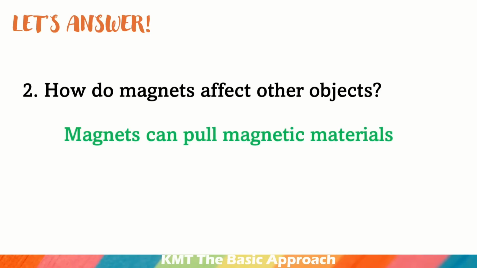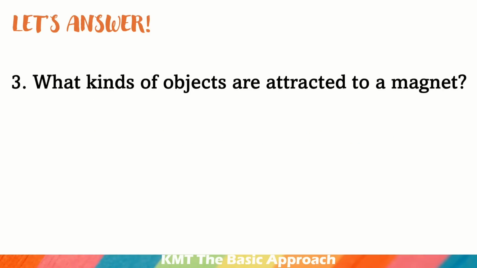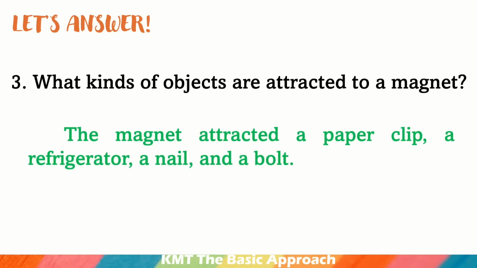Great! Magnets can pull magnetic materials. Number 3. What kinds of objects are attracted to a magnet? Great! The magnet attracted a paper clip, a refrigerator, a nail, and a bolt.